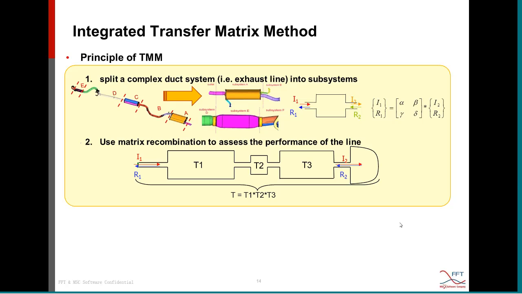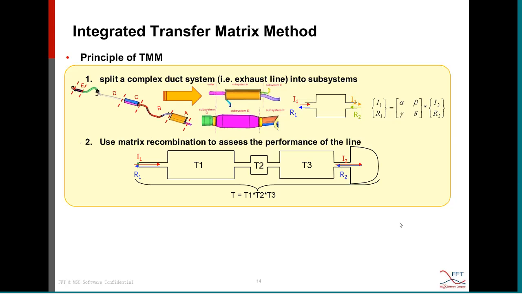Okay, so we have reviewed some techniques to model the individual components in an intake or exhaust line. Now, at this step, we are interested in analyzing the entire line, which is composed of several components that are connected by ducts and pipes.